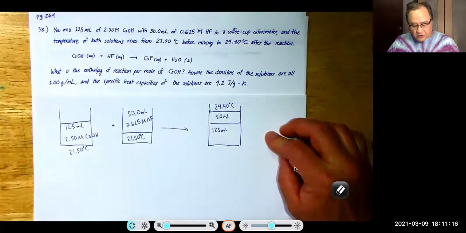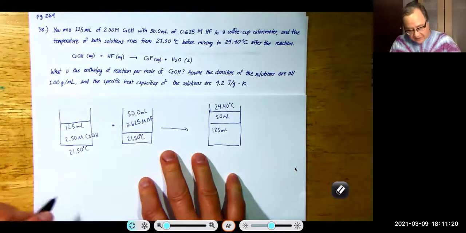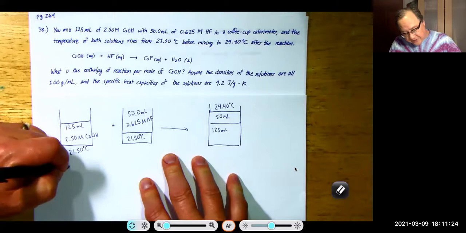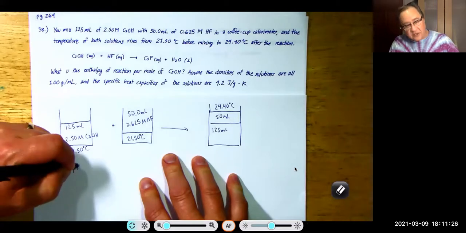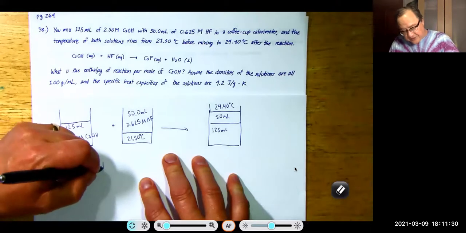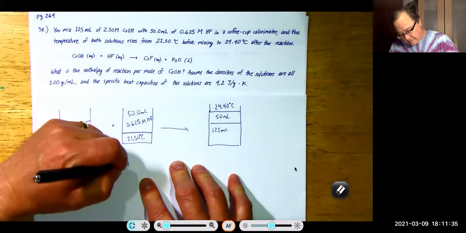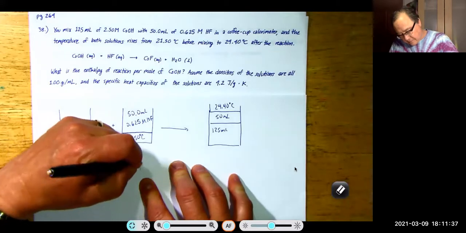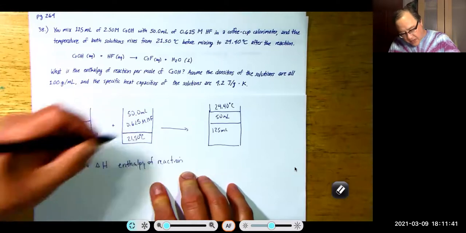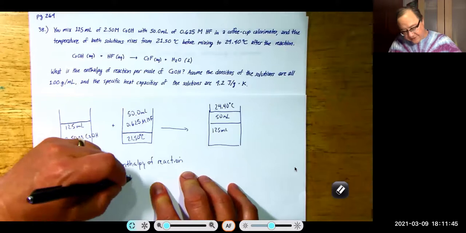All right, so we're supposed to find the enthalpy of reaction per mole of cesium hydroxide. The enthalpy of reaction is given the symbol delta rH in the book. A lot of people just write delta H. The triangle is pronounced delta, because that's the Greek symbol.